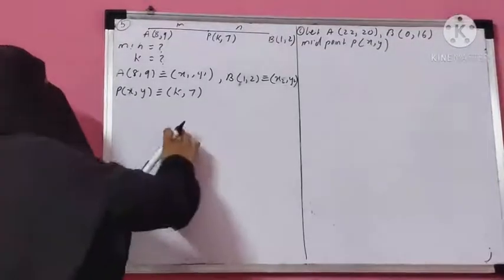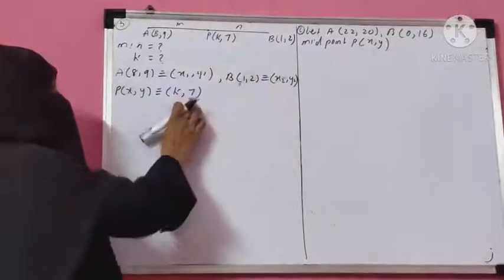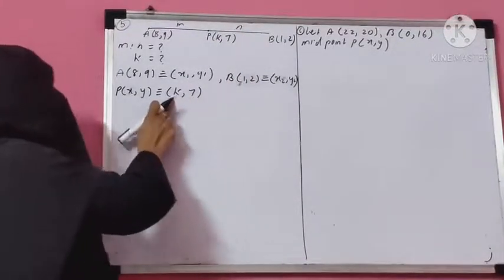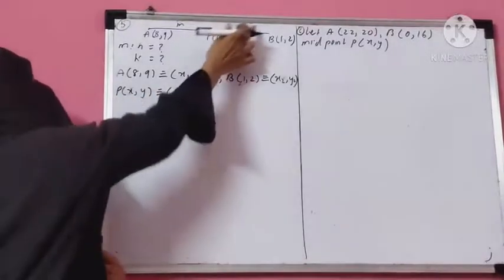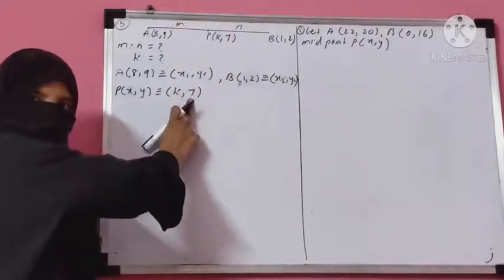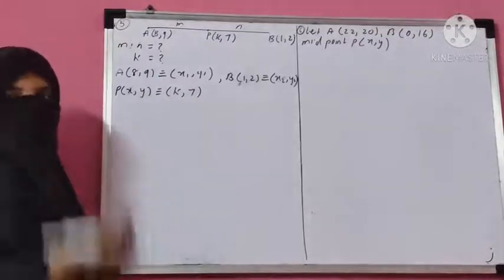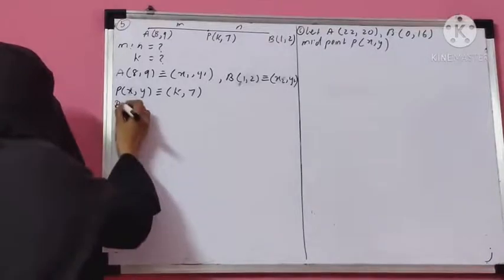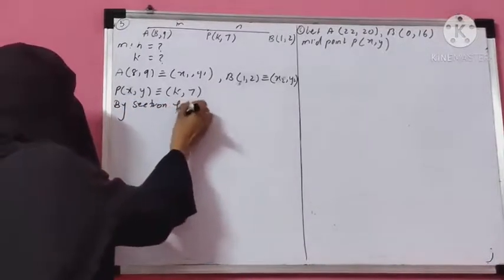So first of all, to find the ratio, that means the m to n ratio, we have to use the y coordinate because the x coordinate is K. The x coordinate value is not there. So to find the ratio, we have to use the y coordinate. Then to find the value of K, you can use the formula of the x coordinate. So start with the section formula.